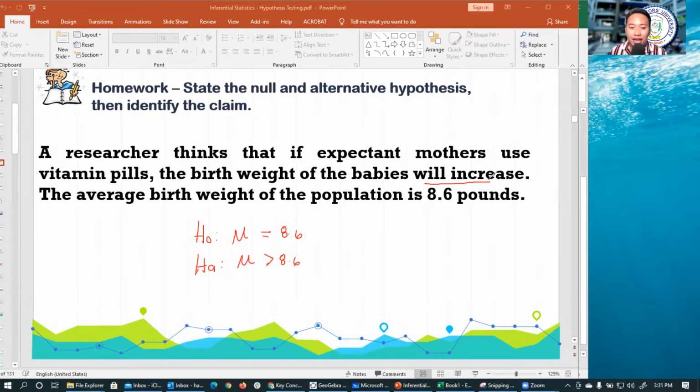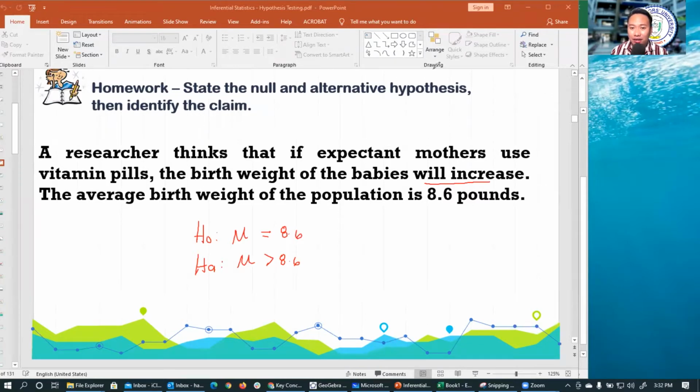Out of these two hypothesis statements, which one of them is the claim? The claim is what the problem tells us is proposed, what the researcher thinks or asserts. The answer is the alternative hypothesis. Why?